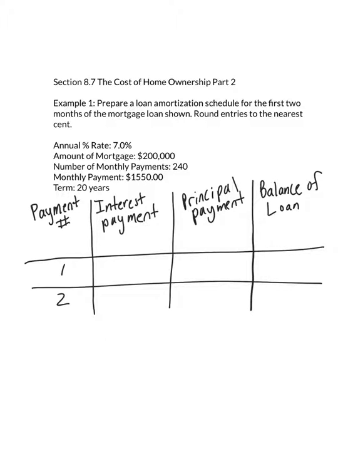Remember, it said round to the nearest cent. So we'll start with interest to see what portion of our monthly payment goes towards interest. In other words, what portion of our $1,550 we're paying per month goes towards the interest that they're charging us, does not go towards paying back the loan, the principal amount.